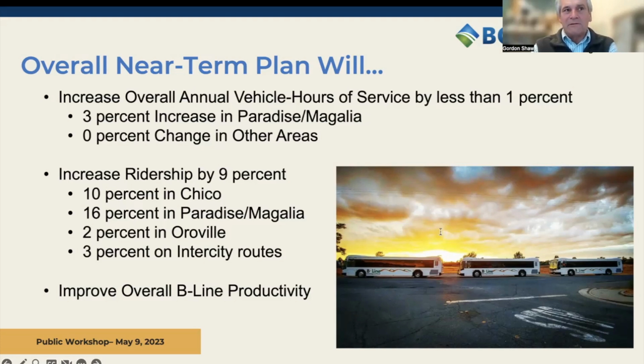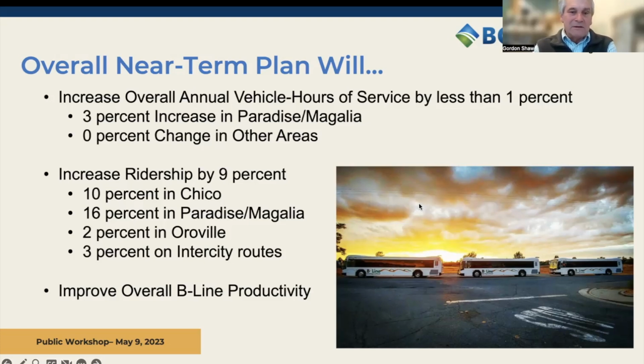So that tells us this is what we set out to do, is to see what we can do with the existing resources and do it better. When we go through a lot of analysis and math on ridership and how more attractive these services will be, overall, we believe that this will generate a 9% increase in ridership, about 10% in Chico, between the route changes and the expanded service area, 16% up on the ridge with the microtransit, 2% in Oroville, 3% on the other routes.